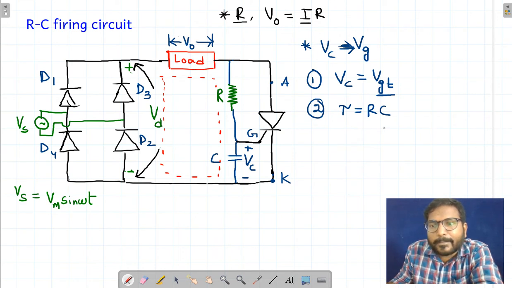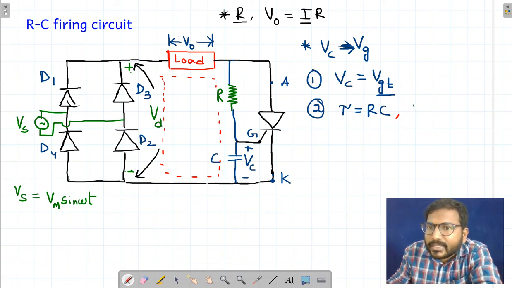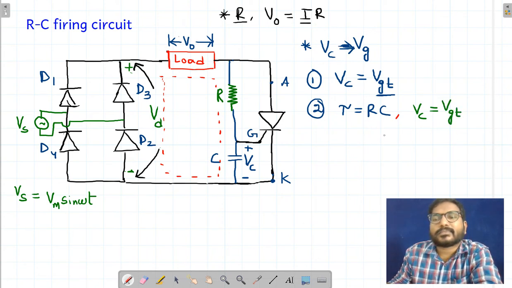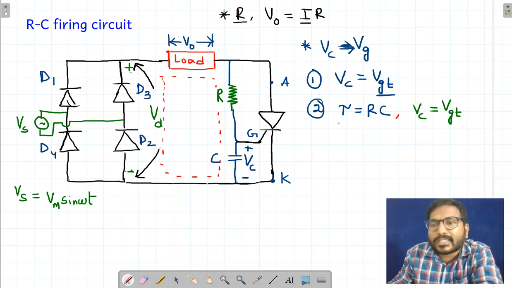It is not variable. But the charging time must be variable. What is the reason to vary the charging time?